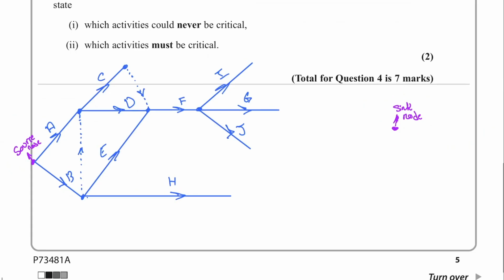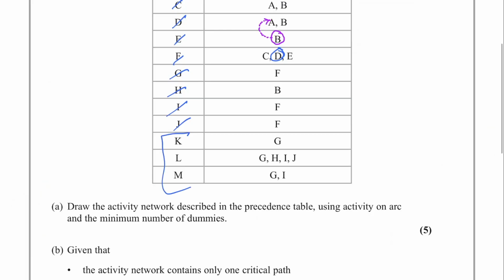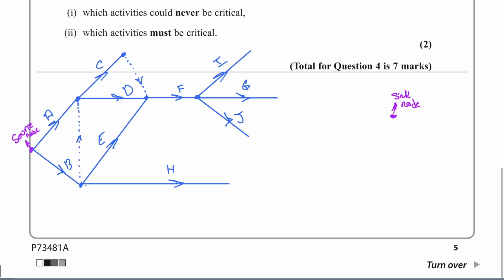Okay, so let's continue. Now we know that these three are ending activities. So K should be somehow connecting to G, and I think we're going to have to erase something out. So this is going to look like this. I think there's something wrong in here. So this is supposed to be K coming out of G. And then we have out of I.